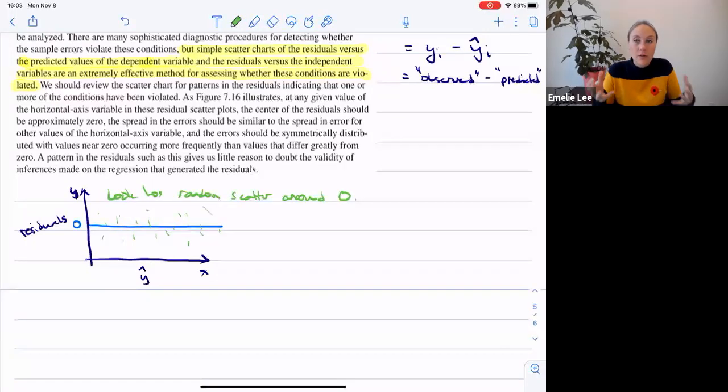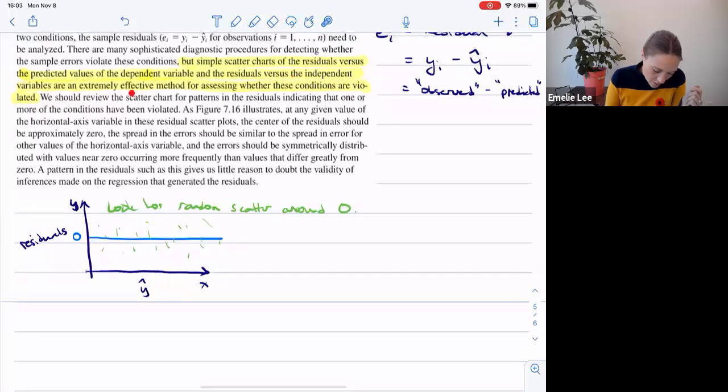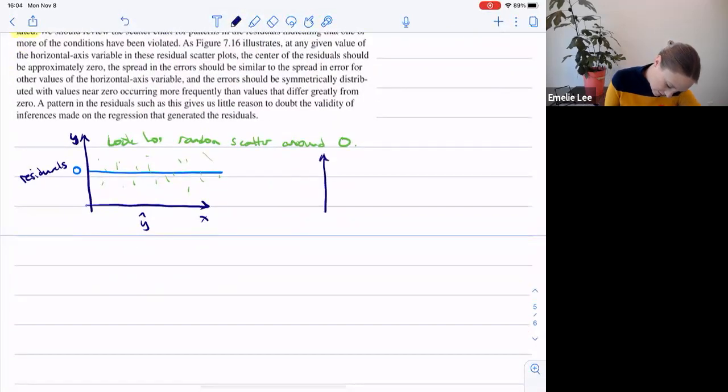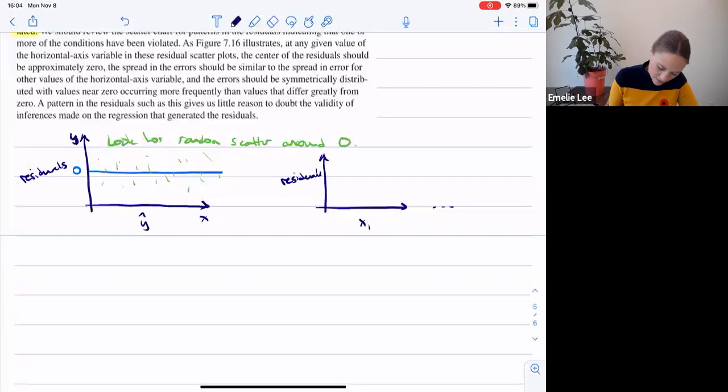So now you're not looking for a relationship, you're looking for this random scatter around 0. So that's the first one. And then the residuals versus the independent variables. You look at the same thing: the residuals against X1, and then do the same thing up to XK, which can get really annoying, but you're looking for the same thing.